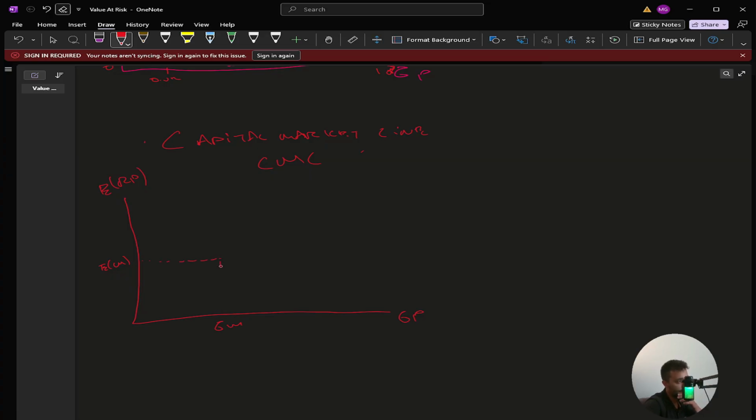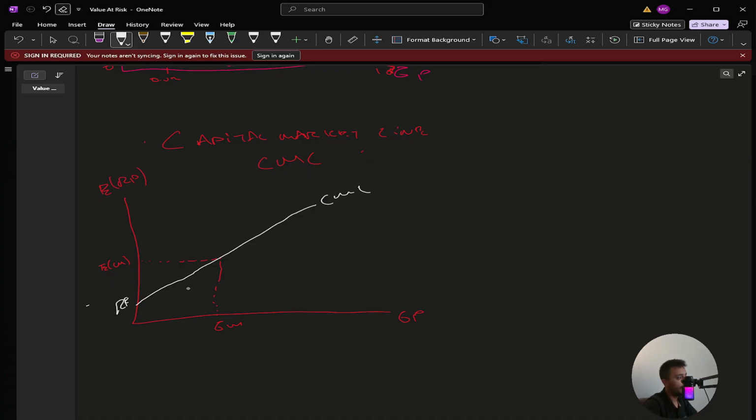This is the risk-free asset. This is the capital market line.